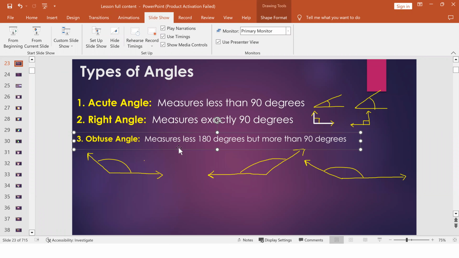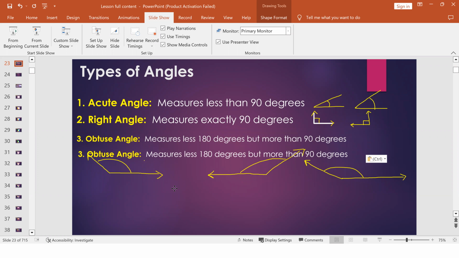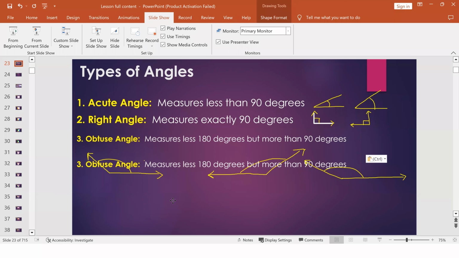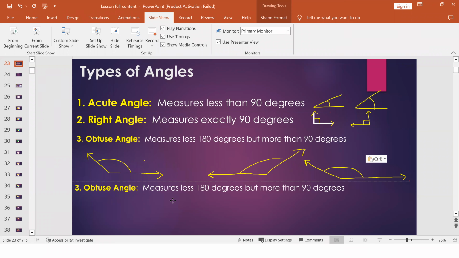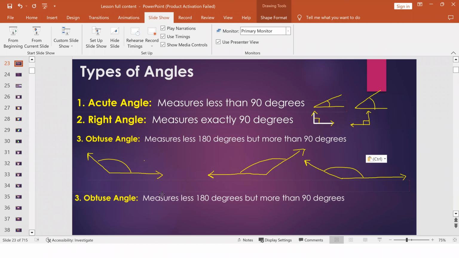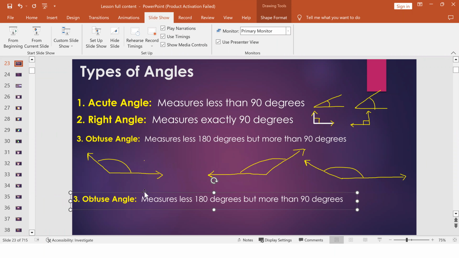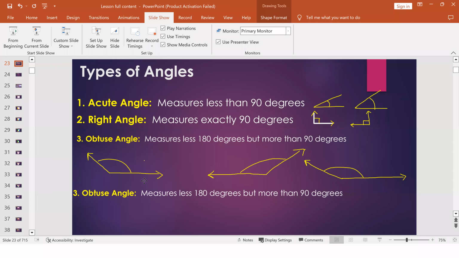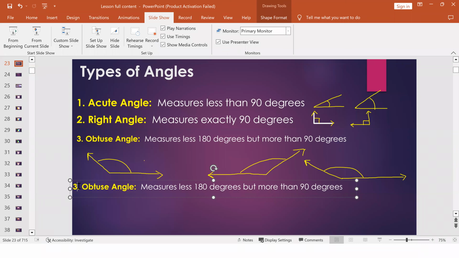Next, let's go to the fourth one. After obtuse, what is the next type of angle that we have? So we have acute, obtuse, what else?